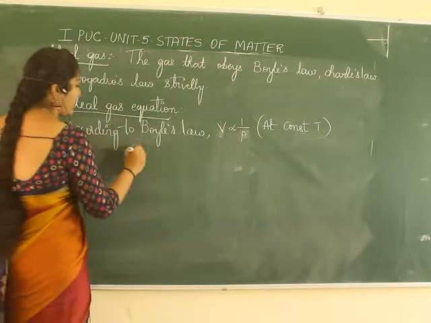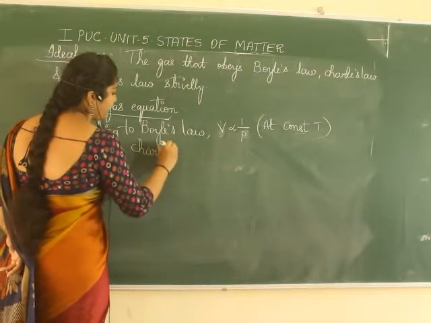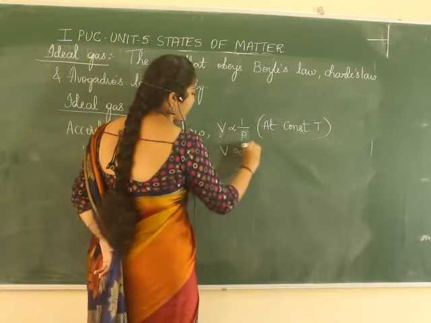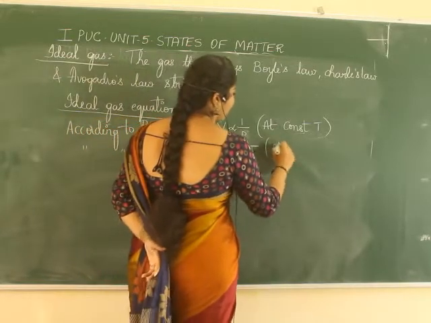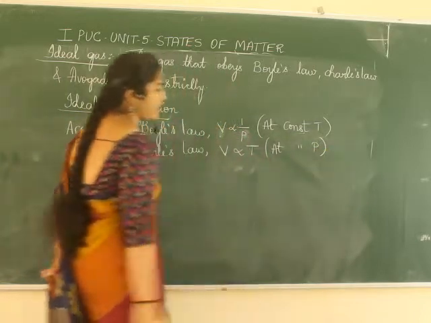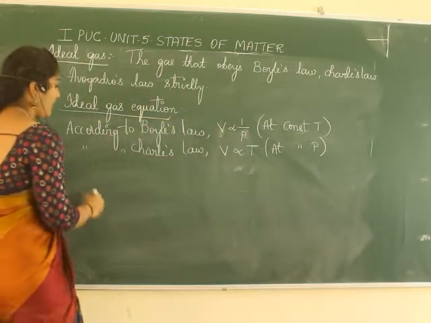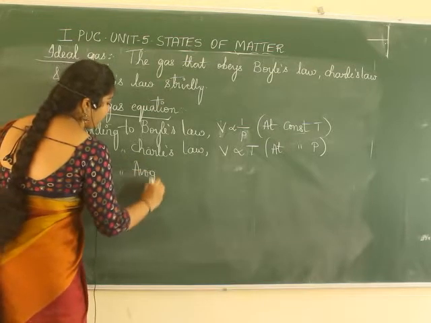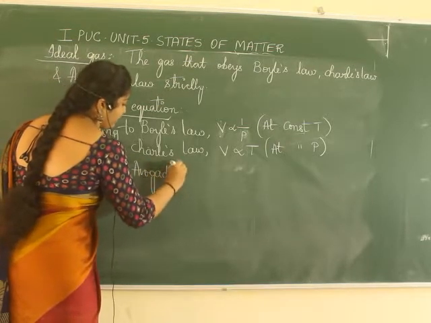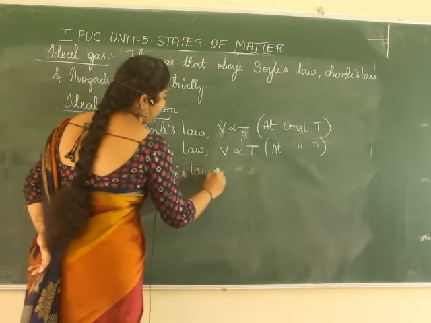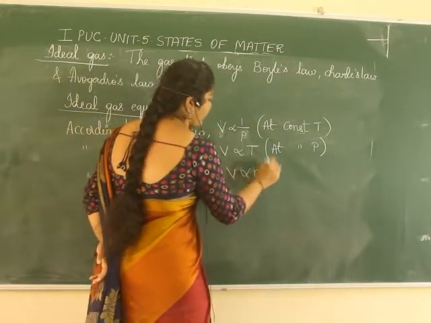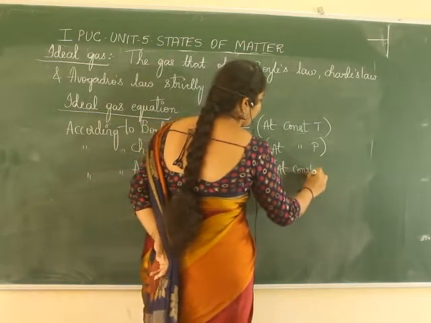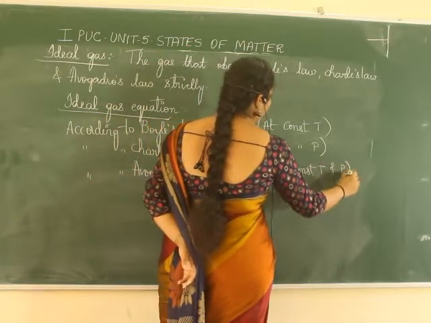Next is according to Charles' law: volume is directly proportional to temperature at constant pressure. This is the second statement. According to Avogadro's law: volume is directly proportional to N at constant T and P, that means temperature and pressure.